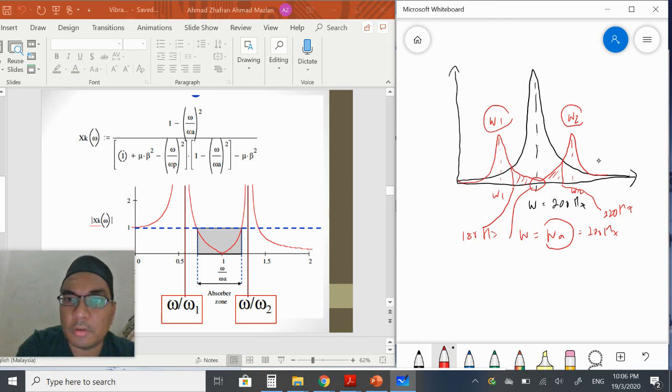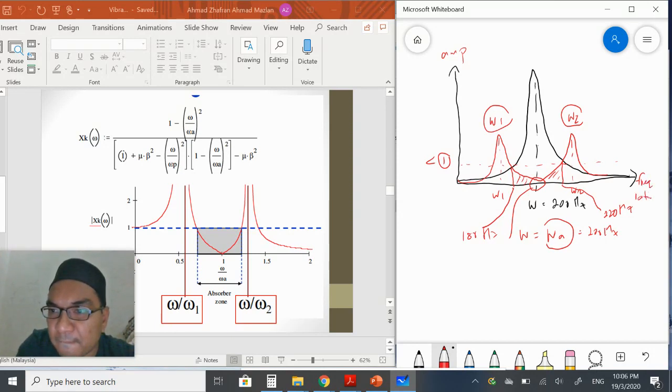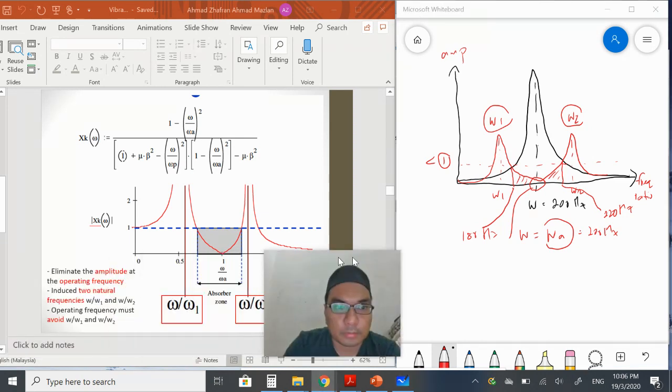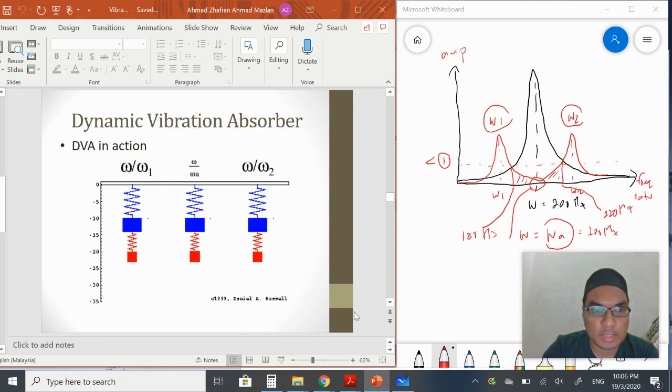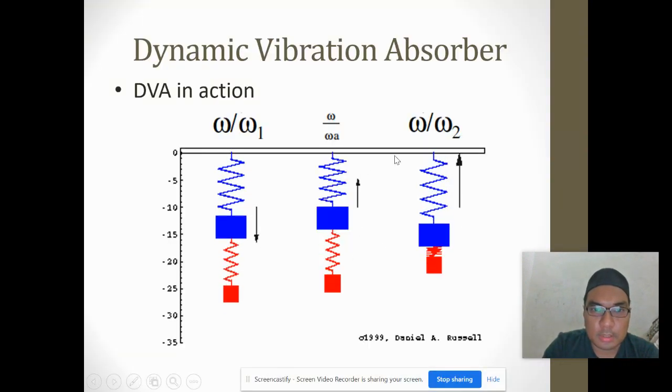So this is in terms of amplitude. Actually the rule of thumb is that the amplitude must be 1 or below. This is the frequency ratio. So this is what will happen.